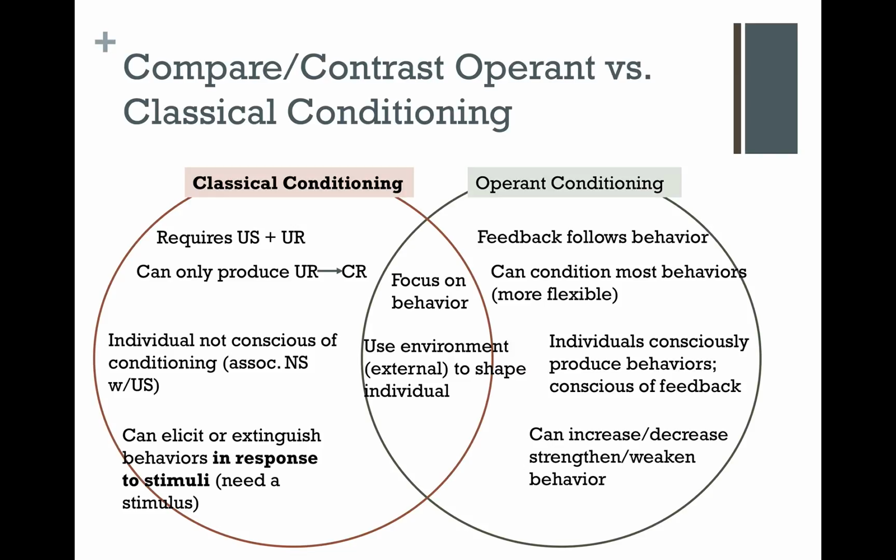In operant conditioning, going towards this more flexibility point, not only can we produce certain behaviors, we can also increase or decrease, strengthen or weaken the behavior. Reinforcement and punishment are all about increasing or decreasing the frequency of a behavior. And so we're able to manipulate those in a way that we don't with classical conditioning.